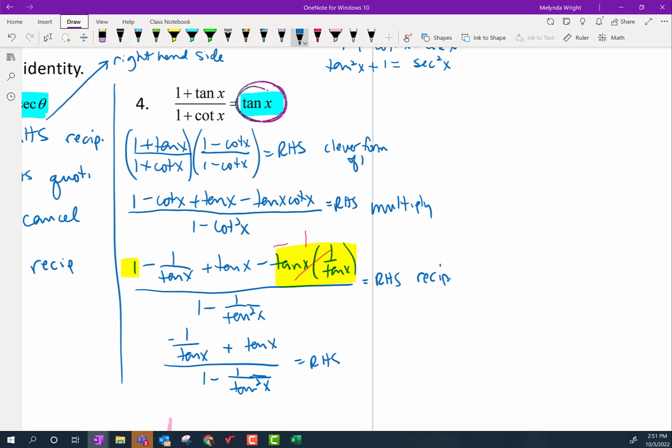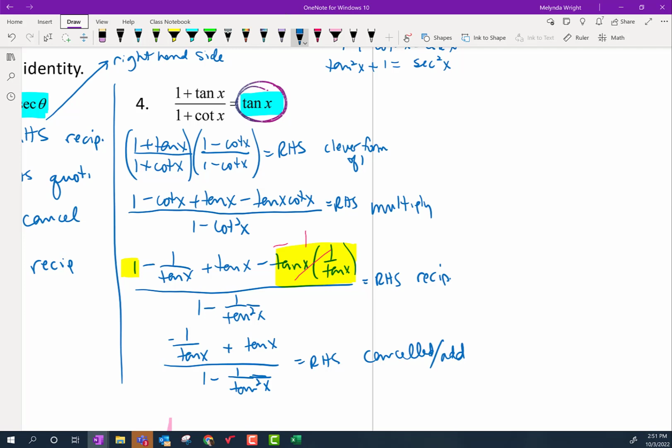And I canceled and I added. You're allowed to do 2 steps in one line. You're not allowed to do more than 2 steps. Otherwise, it's way too hard to follow. Okay, so I did 2 things. I canceled tangent over tangent is 1, and then I did 1 minus 1 is 0. All right, very good.